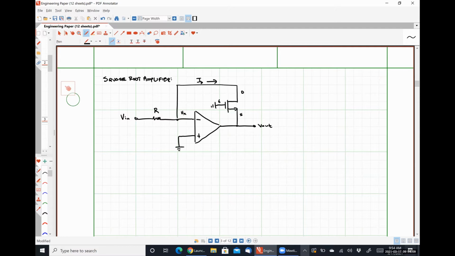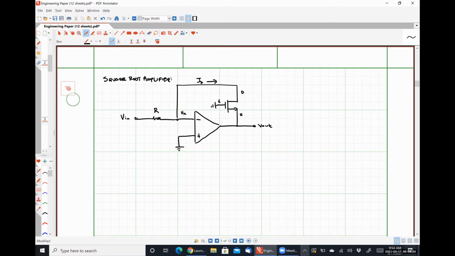Also none. So that means that this guy is in saturation, but it's on the edge of turning on or exiting the cutoff region. So Vout has to be equal to exactly negative VTH. Okay, so it's forcing our output voltage to be at negative VTH so that this guy, the transistor, is on, but no current is flowing.